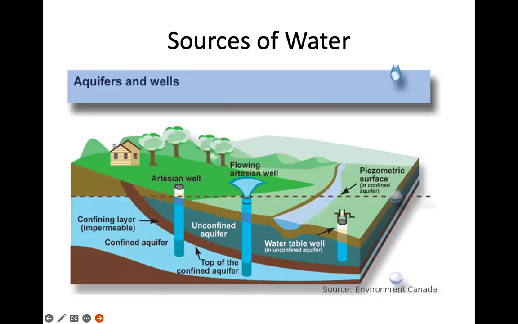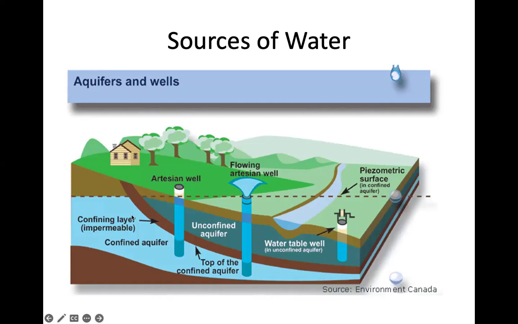Let's look at the different sources of water that we may have. When you look at the earth's surface, as you can see on the slide, you have water from the piezometric surface, as indicated by the line in the middle of the slide. We have water from the water table that is abstracted from the belly of the earth.